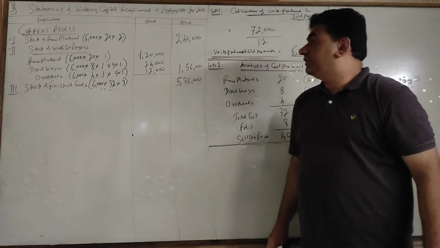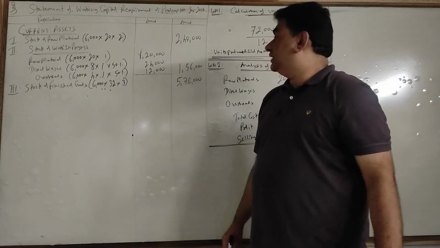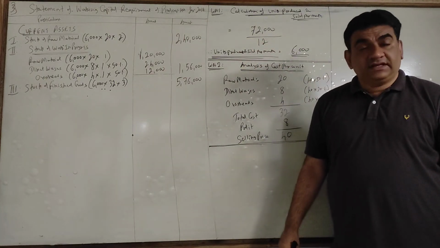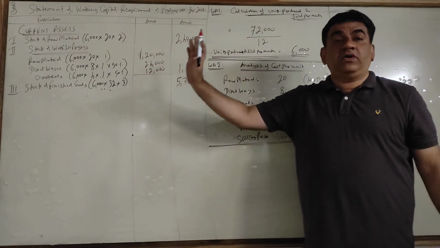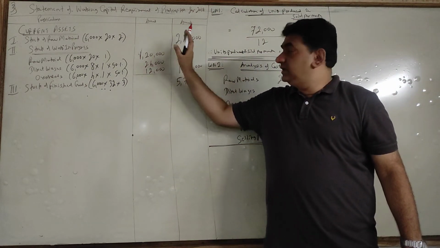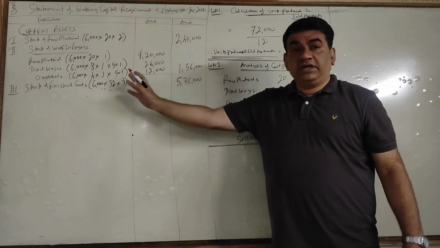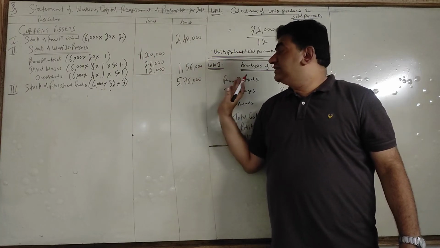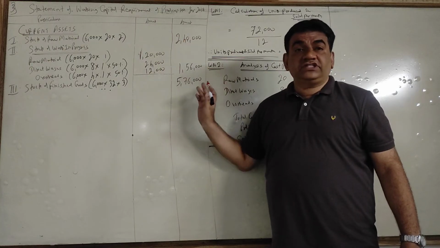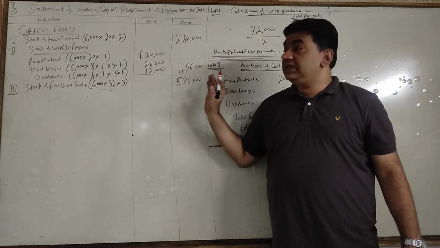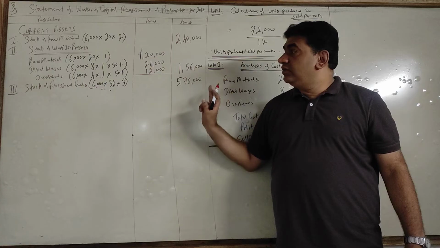Clear, guys? So 240 amount blocked for raw material, 156 for WIP and 576 for finished goods. Stocks for this chapter will be allocated in 3 parts: raw material, WIP, finished goods.